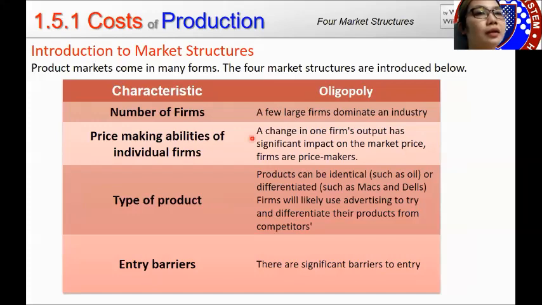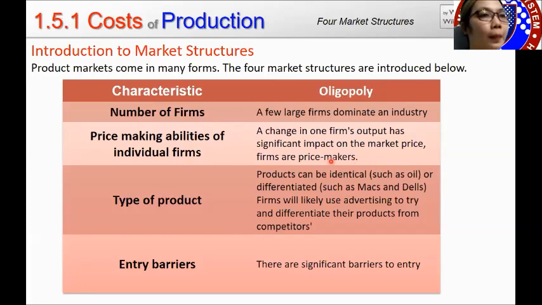In perfect competition, the firms are price takers. In oligopoly, it is the opposite: the firms are price makers, so they create their own price.